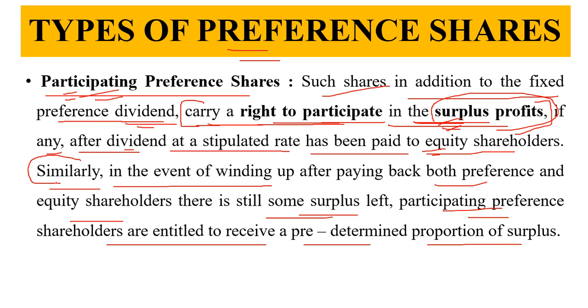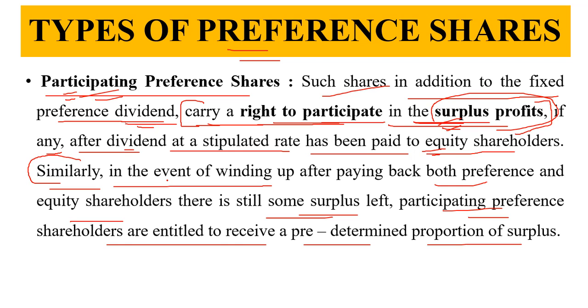This is the second case of participating preference shares. If the company is winding up, it has to pay the preference shareholders and the equity shareholders.